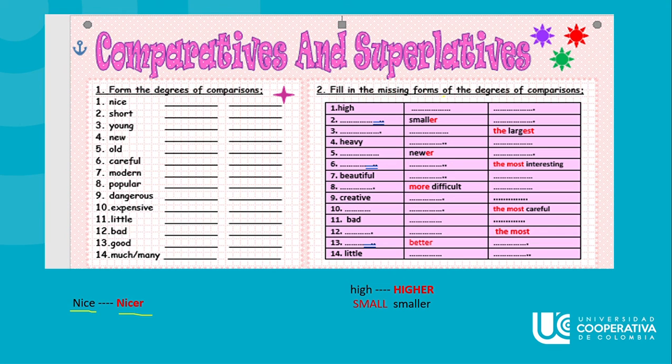Fill in the missing forms of the degrees or comparisons, okay? You are going to write down high, higher, or the highest. This is a connection for next topic that is about superlatives, okay? Then follow the examples on column 3 and complete it using comparative forms and superlative forms.